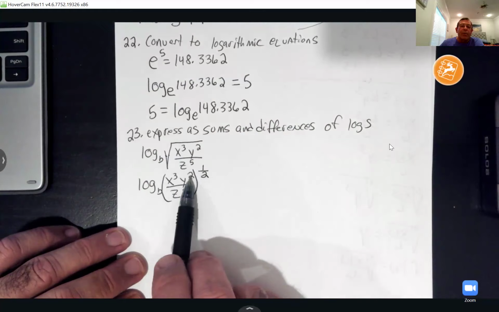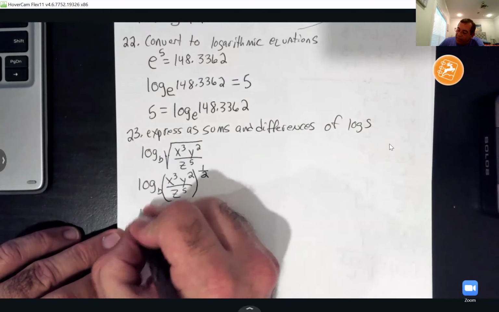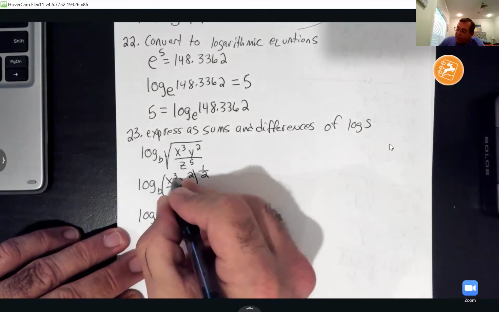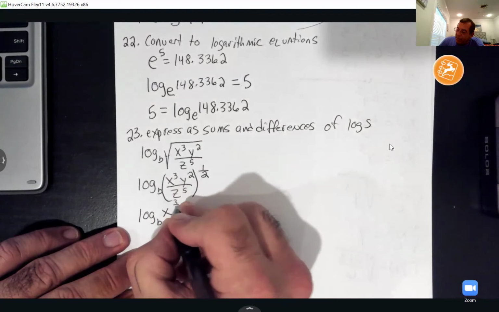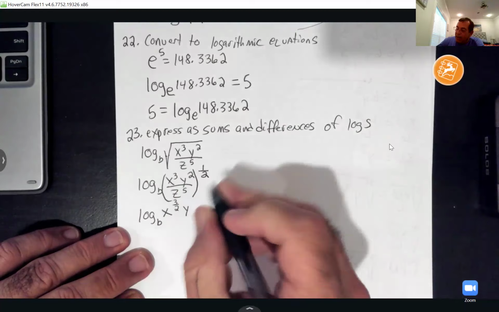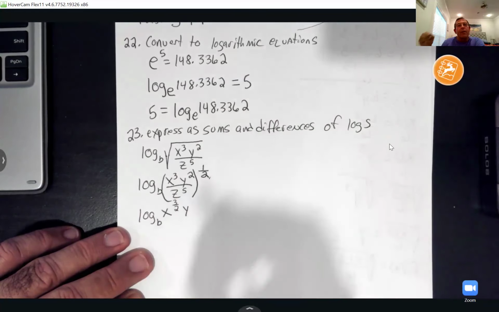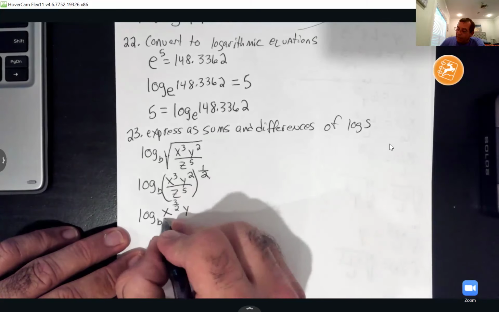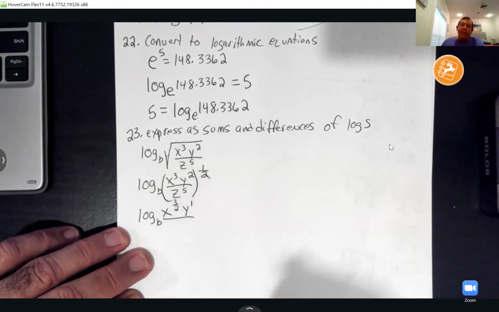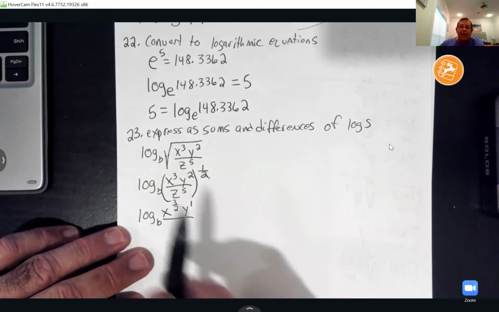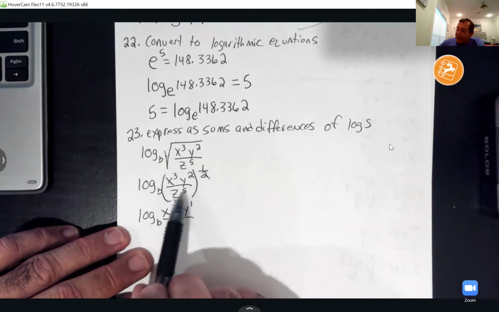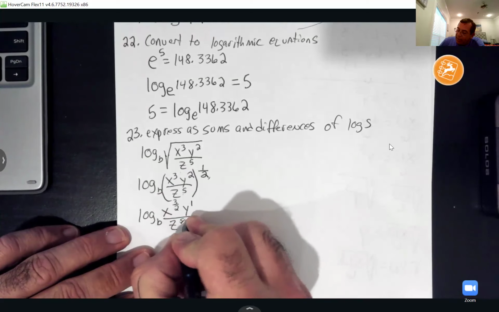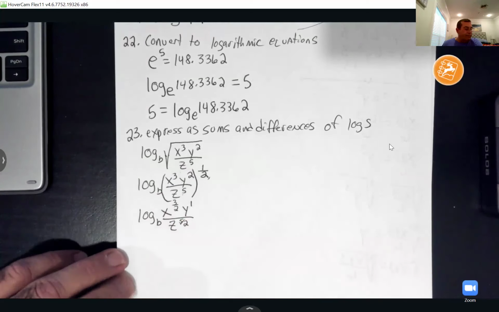So then I distribute the 1/2 to all three of them. So I get an x to the 3/2, y to the 2/2. But remember, 2/2 equals 1. So technically, if you want to put a 1 there for now, you can. And then 5 times 1/2 gives me a z to the 5/2.